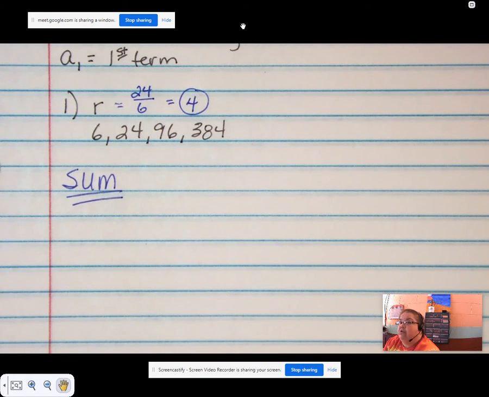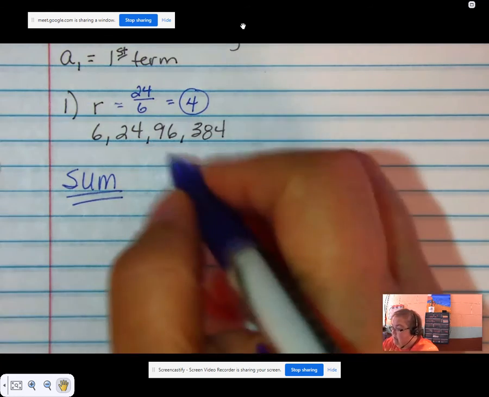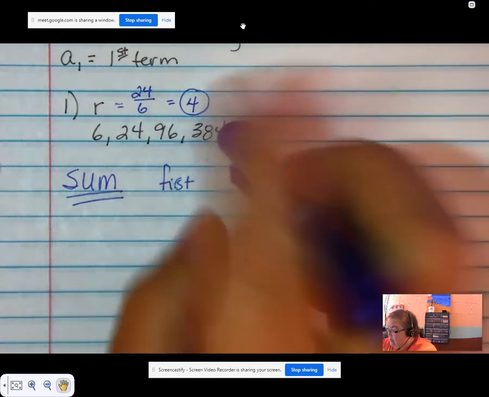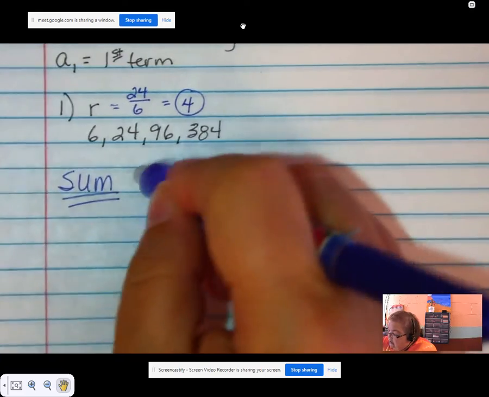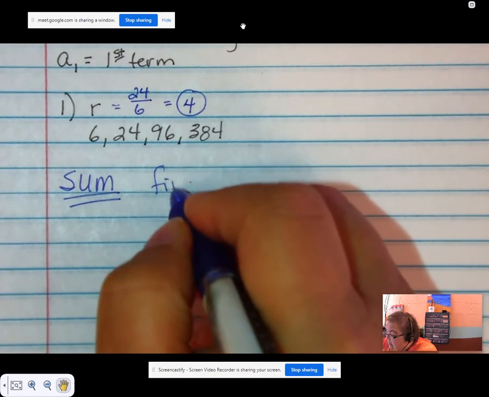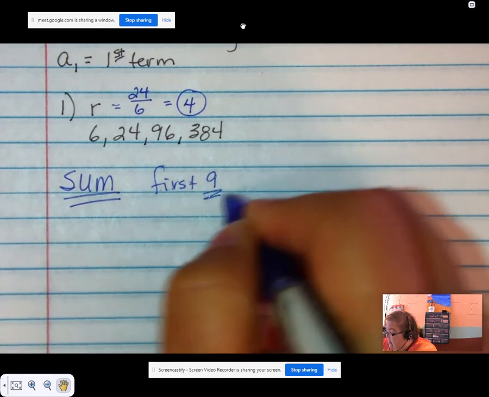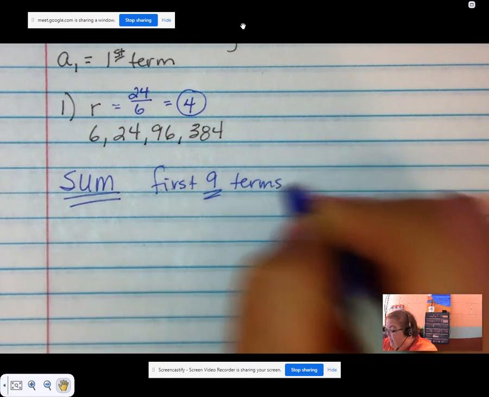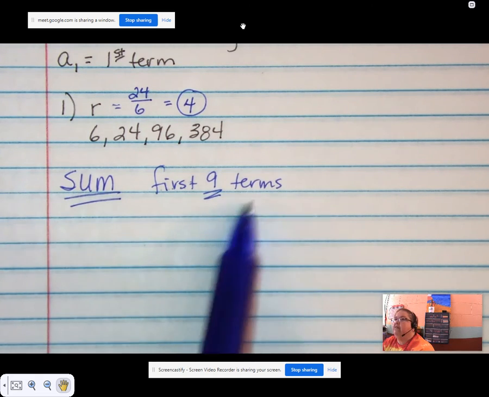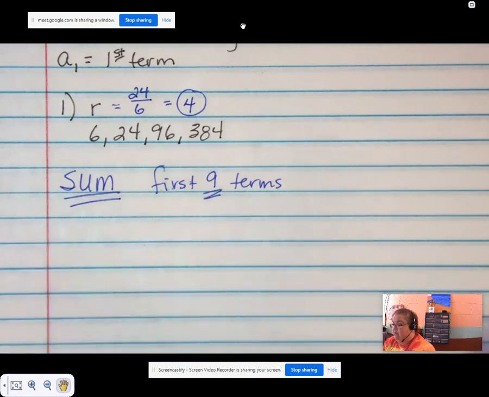That's an important word there, so you need to write that. Sum of the first 9 terms. In order to find the sum, I've got to find the first 9 terms.